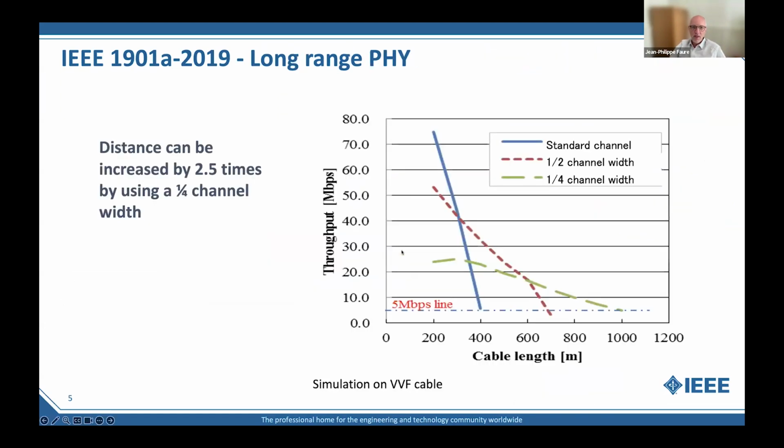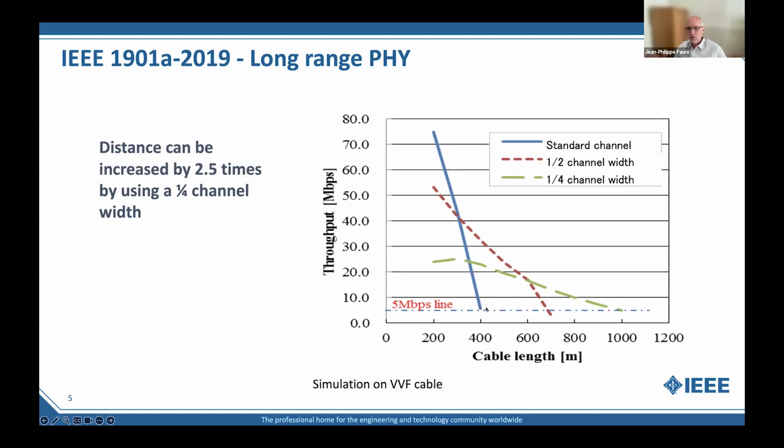So distance can be increased basically when we reduce the channel width, we focus the energy on a small part of the spectrum, and this is the way we actually increase the distance. So you see the blue line. It is the standard channel. You see that the speed decreases with the distance, and so basically up to 400 meters, we have 5 megabits per second.